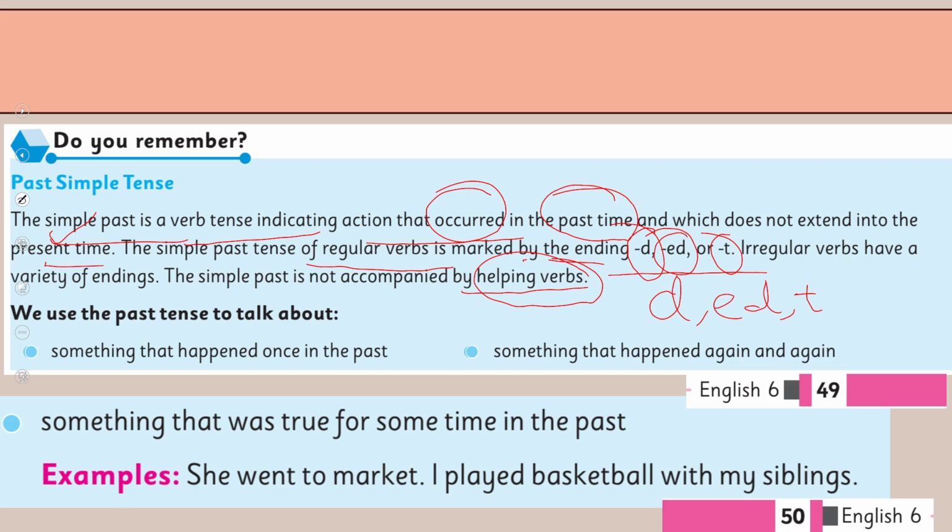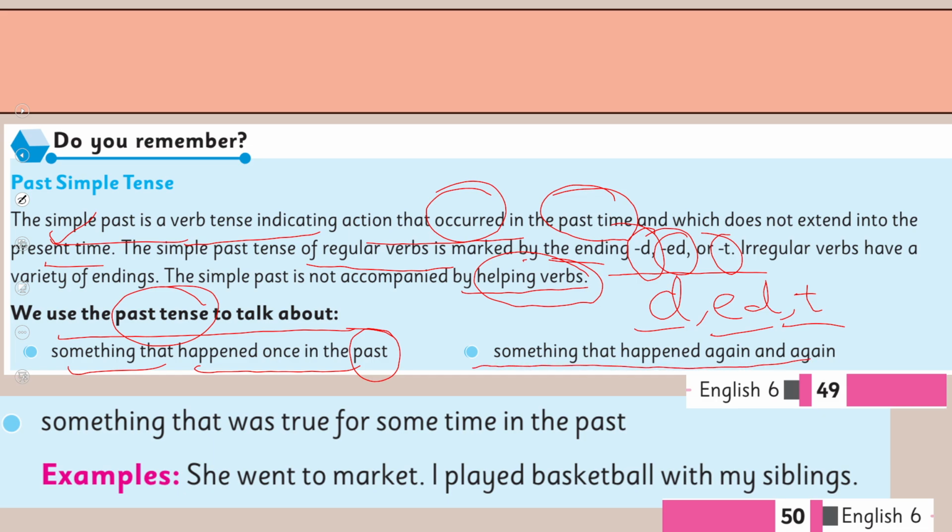And you can see the letters d, ed, and t at the end of regular verbs. But if they are not like that, then they will be called irregular verbs. Why do we use the past tense? We use it to tell something that happened once in the past, yesterday, or in history. We are currently in the present, so it means this is not happening right now.